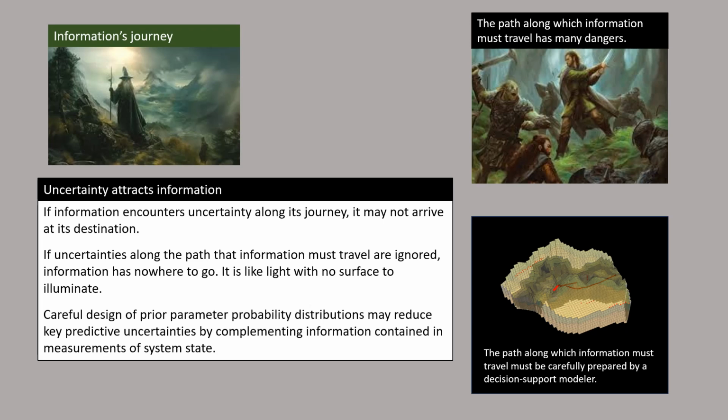Preparation of a path for this journey is one of our most important tasks in designing how we will model, what the model's parameters are, what the prior probability distributions associated with parameters are. All of these things must be given careful attention.